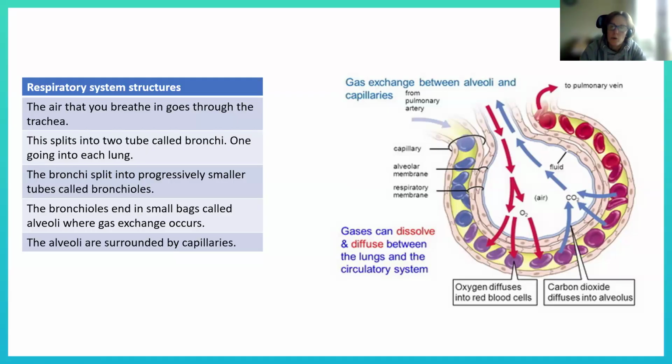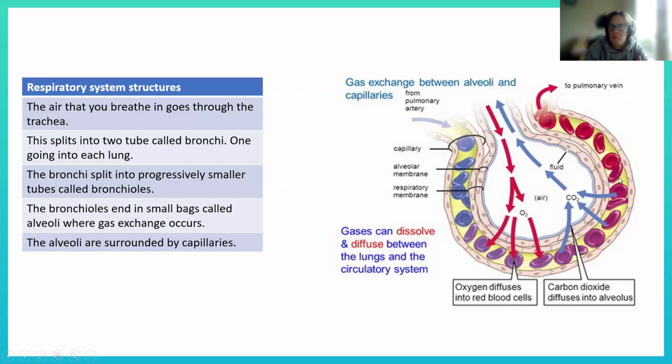That means the blood takes away, you can see here, as soon as the oxygen is diffused in, the blood goes away. Those blood cells, when they're coloured in red, indicates that they've picked up oxygen. And when they're coloured in blue, it indicates that they're low on oxygen. So there's always a constant supply of low oxygen blood coming through.